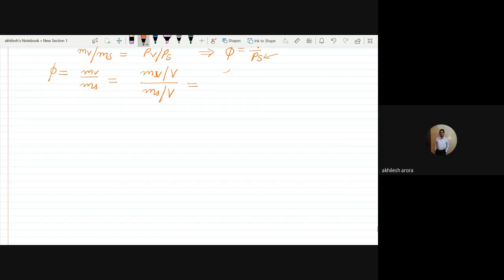So it is the density of the water vapor in the unsaturated air divided by the density of the water vapor at the saturated condition. And it can also be written as specific volume in the saturated condition divided by specific volume in the unsaturated condition. So Vv is the specific volume of the water vapor when the air is unsaturated, and Vs is the specific volume for the saturated air condition. So this is the definition of phi.